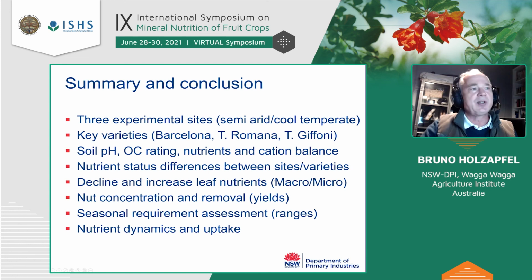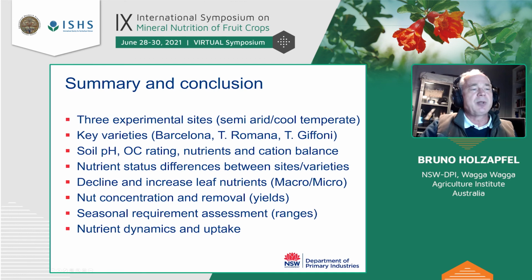There are nutrient differences between sites, but also between varieties. There is a change during the growing season, up or down, depending on the nutrients. We can have a substantial amount of removal from the orchard.